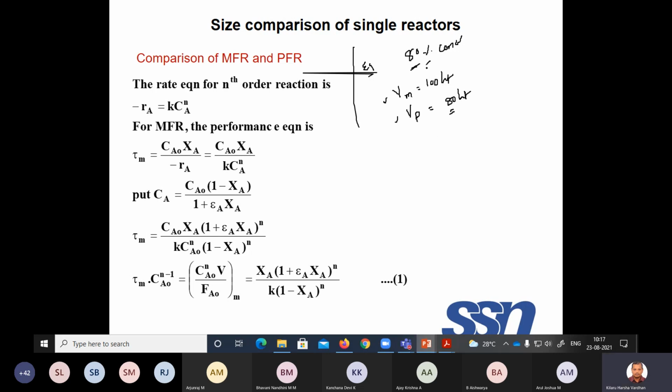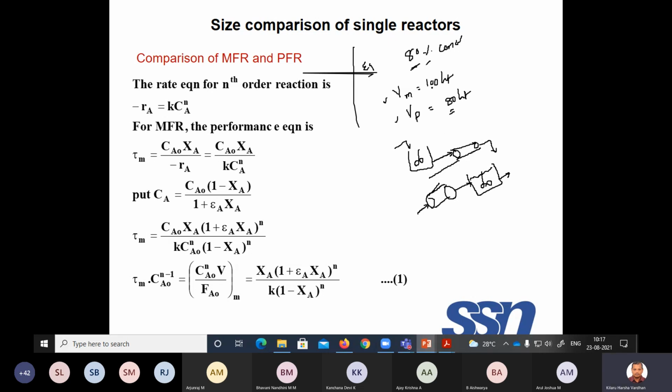Now the same conversion I can attain with one CSTR and a PFR in series. So what I do is the outlet will go as an inlet to this. Or you can have one PFR first, this goes in and this is coming out. This we can send to one more MFR, this is the inlet to it, and this is the outlet.